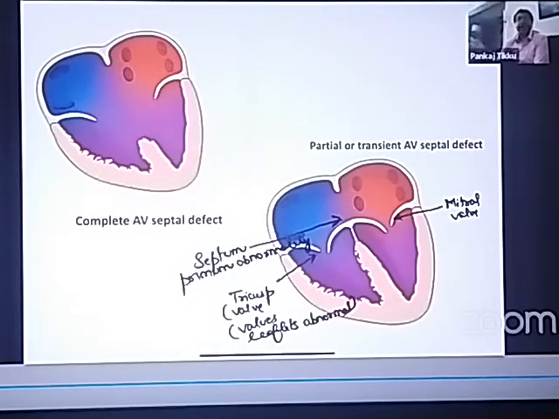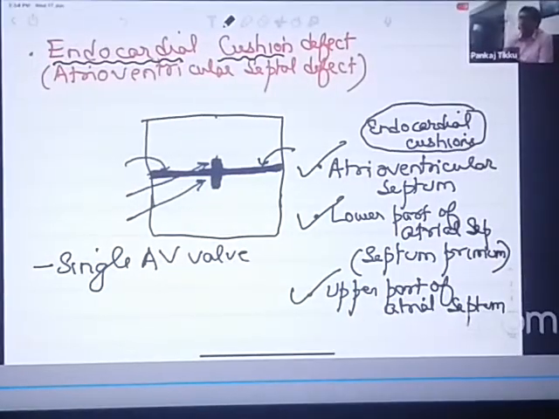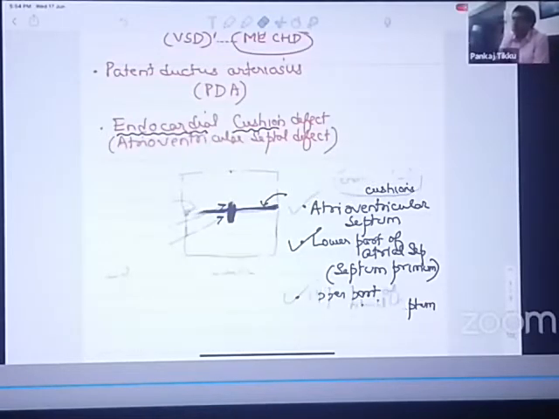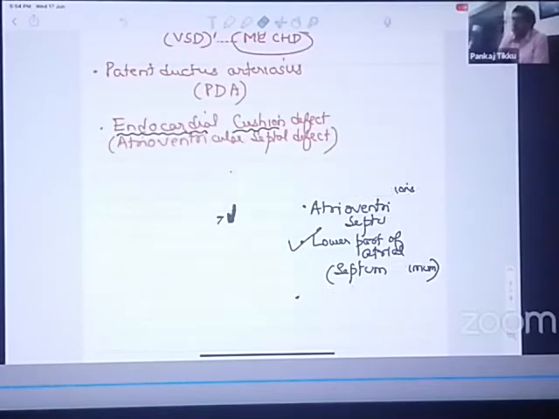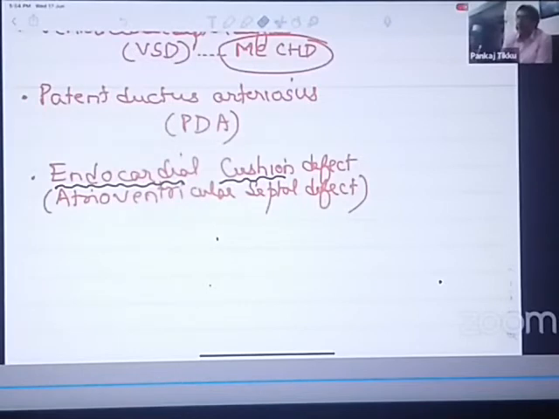Please remember, endocardial cushion defects are very commonly associated with which syndrome? They are very commonly associated with Down syndrome.